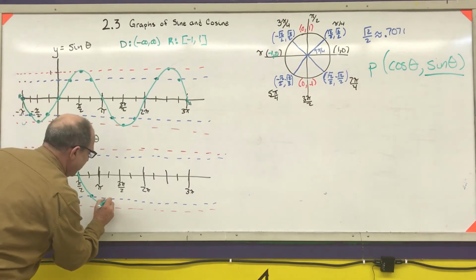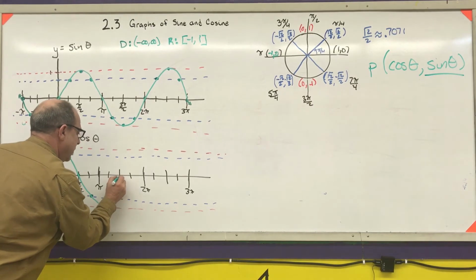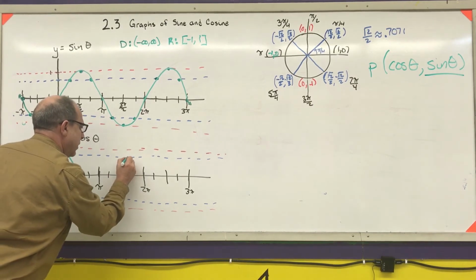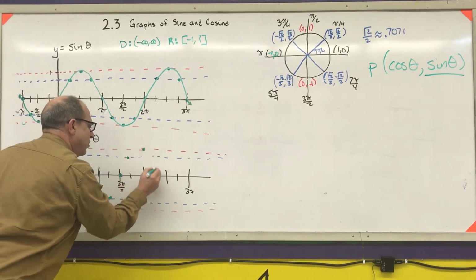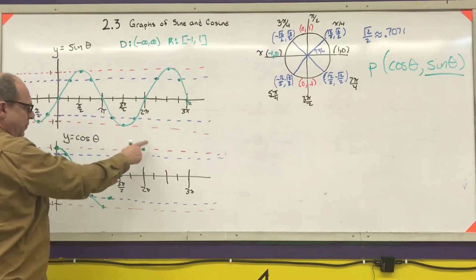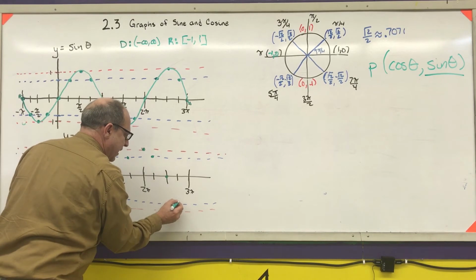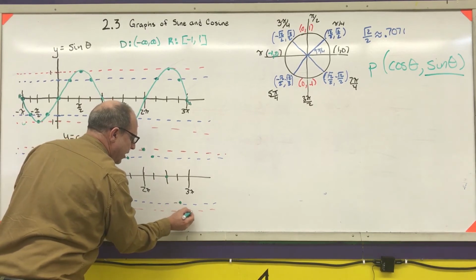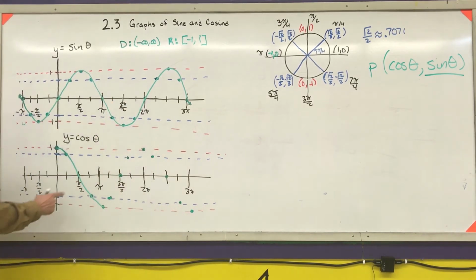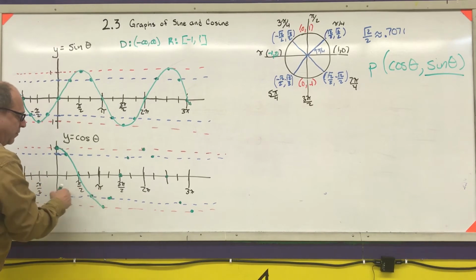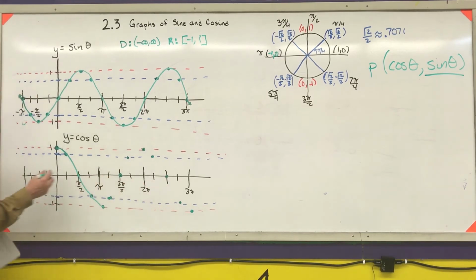So now I can just repeat that pattern carefully. Every even multiple of pi, I'm going to be at 1. Every odd multiple of pi, I should be at negative 1. At the odd multiples of pi halves, I should be at 0.